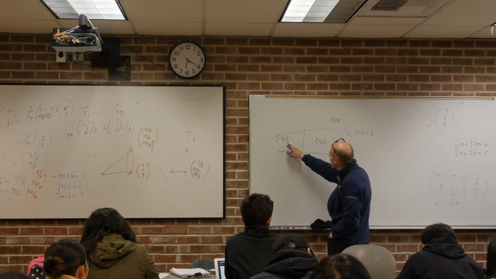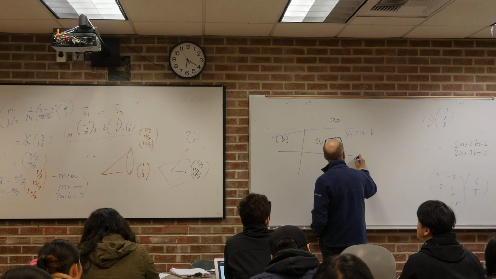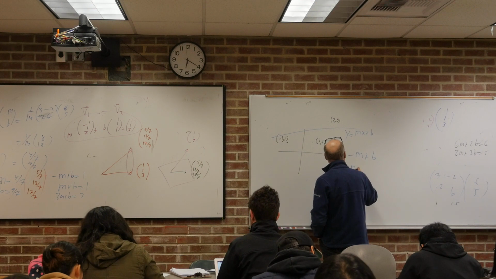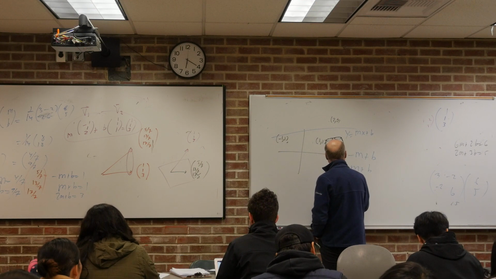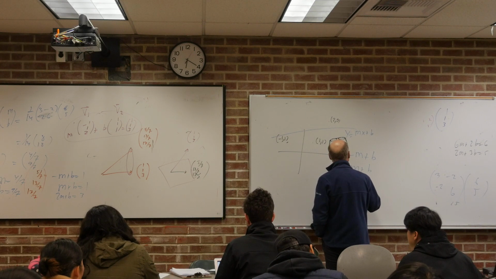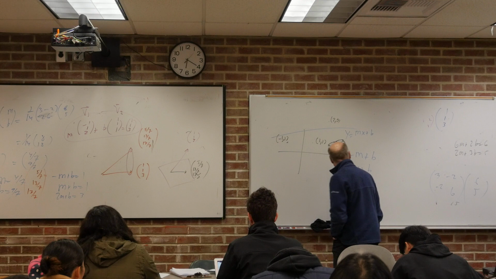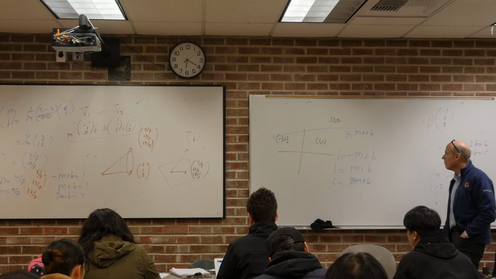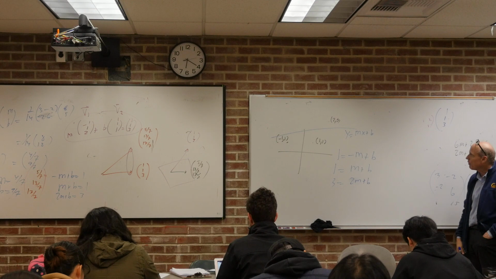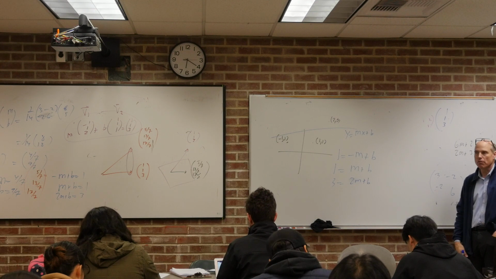If I plug in this first data point, and that second data point, and that third data point, I've got the system of equations that m and b would have to satisfy in order to be a line that goes through those 3 points.